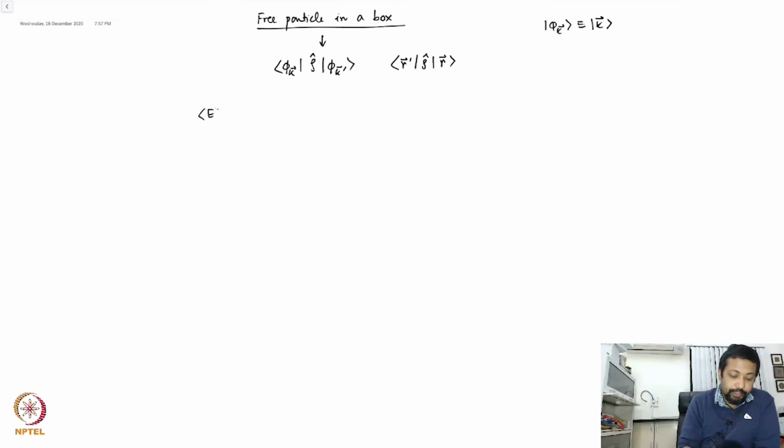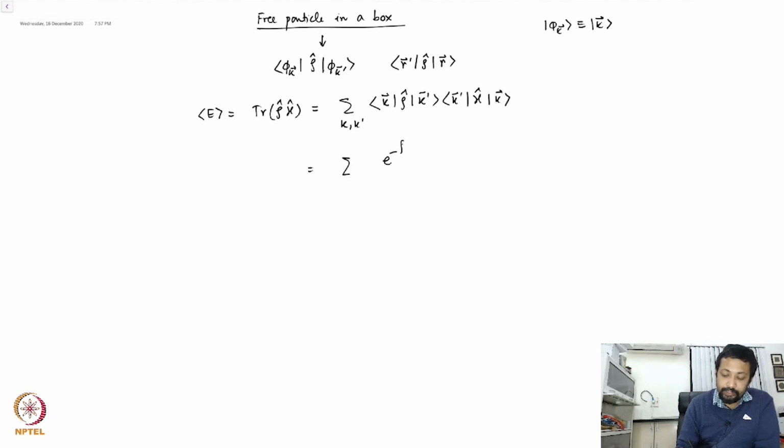So the average energy is given by trace of rho hat h hat, which is going to be sum over k prime, k rho hat k prime, k prime h hat k, and this is e to the power minus beta h bar square k square over 2m, where there is a vector sign on top since we are looking at a three-dimensional system.